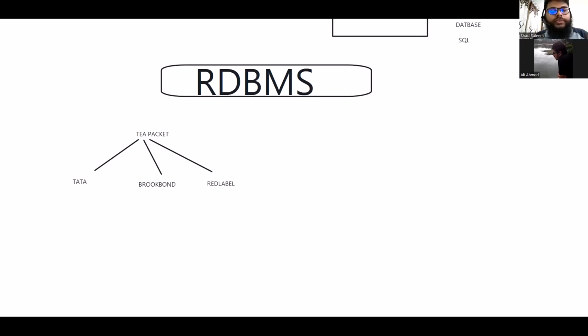So let's say tea is a product and it is produced by multiple companies. In the same way, RDBMS is a concept. Relational database management is a concept, and it is a database management system which is produced by multiple vendors. For example, Microsoft has its own RDBMS, similar to the tea example I'm giving you.